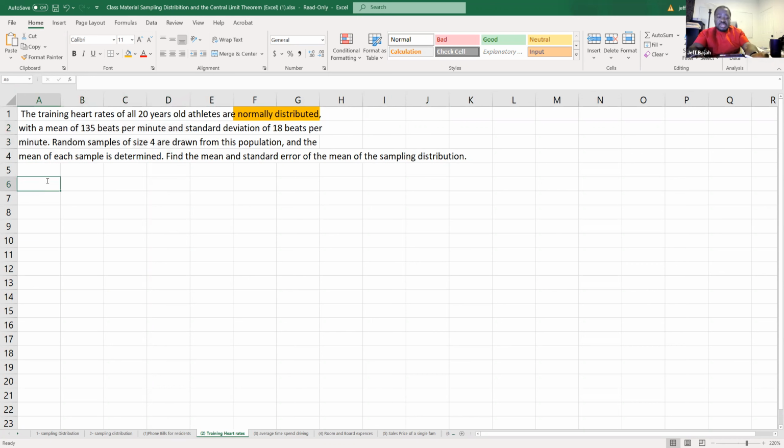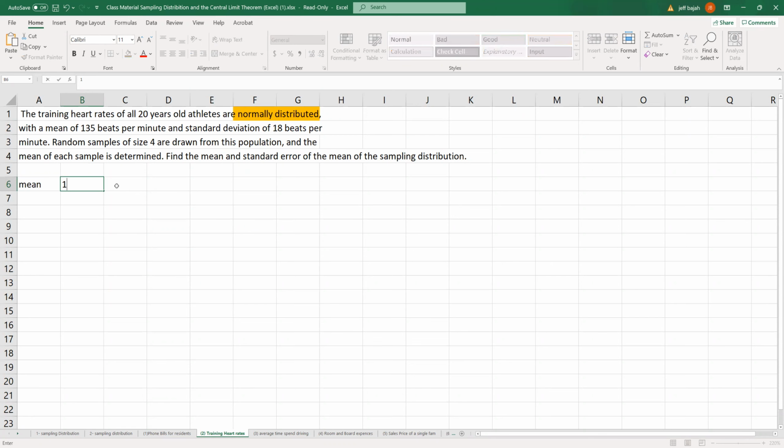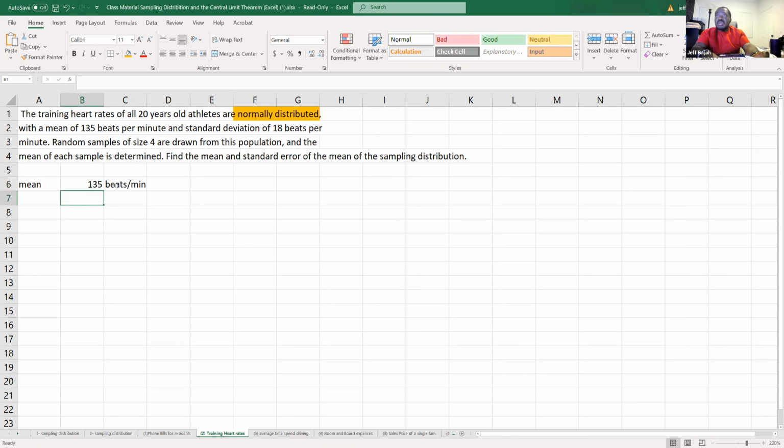So here, we're told that the population mean is given to us as what? Gutierrez, what is our population mean here? It's going to be 4. No, my bad. It's going to be 135 beats per minute. All right.